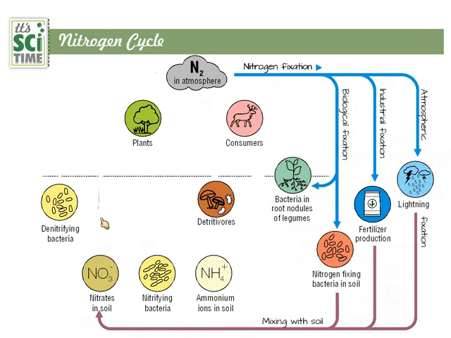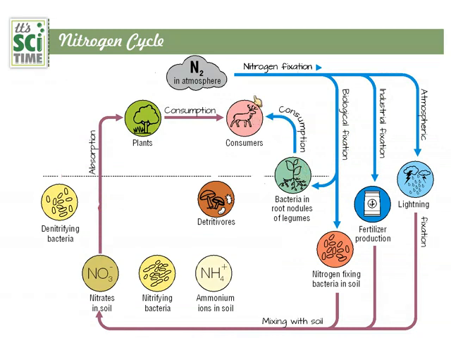These nitrates can be absorbed by the plants, and once they come into the plants and into the plant proteins, they then enter the consumers, the animals. From legume plants also, once the legume plants are consumed, it comes to the consumers. Then how does it get added to the soil again?